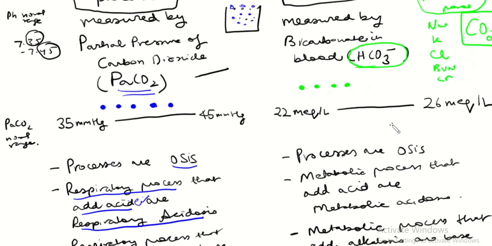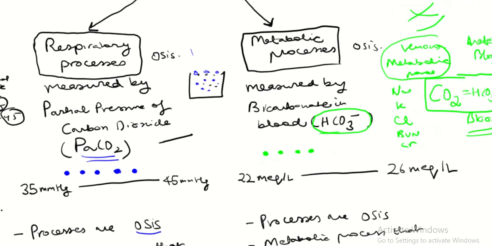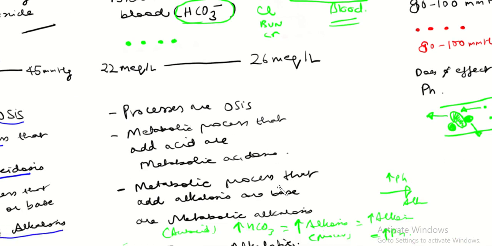And we have metabolic processes which are measured by measuring bicarbonate. And we measure bicarbonate either on the arterial with the blood from the artery and it's bicarbonate or HCO3, or we can get blood from the vein and do a metabolic panel and look at CO2. Again, it's 22 to 26 milliequivalents per liter.